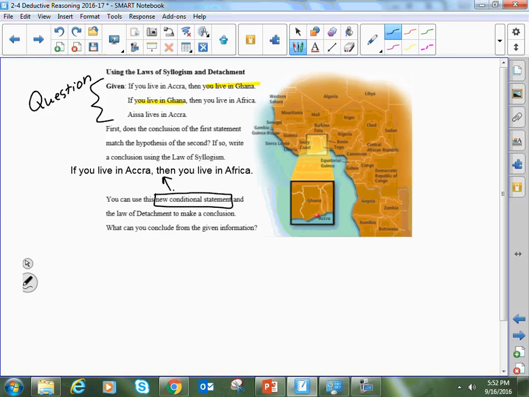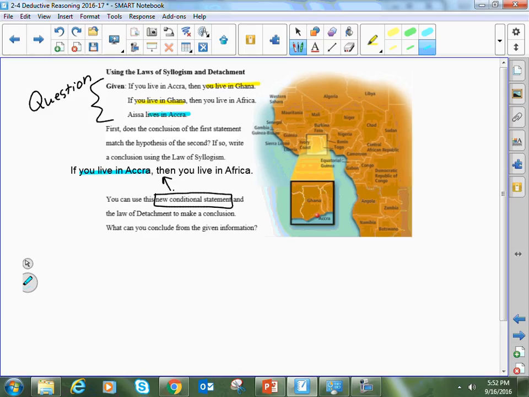So again, using the law of detachment, really all I'm going to be looking at is the hypothesis of the conditional statement and the subject of the non-conditional statement. Well, the hypothesis says you live in Africa. Here, the subject of the statement is also talking about somebody living in Africa.